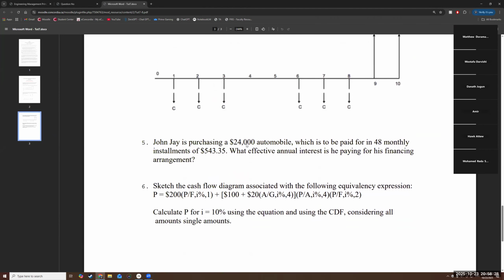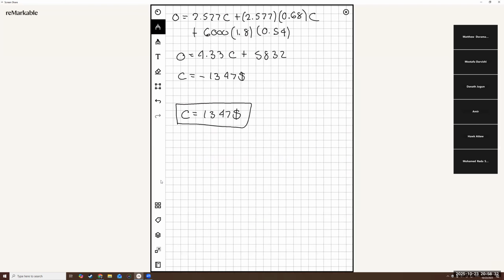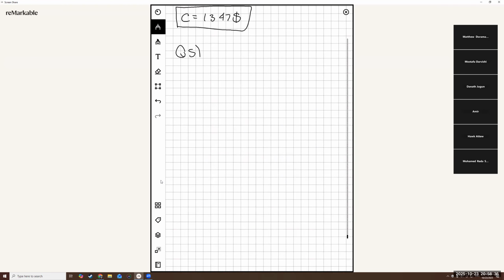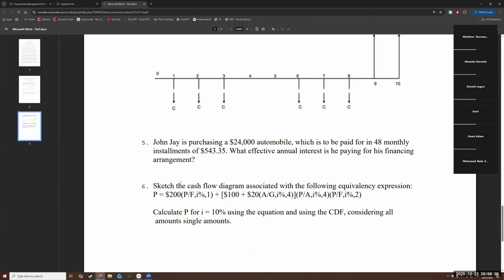Okay. Question 5. John J is purchasing a $24,000 automobile, which is to be paid for in 48 monthly installments of $543.35.